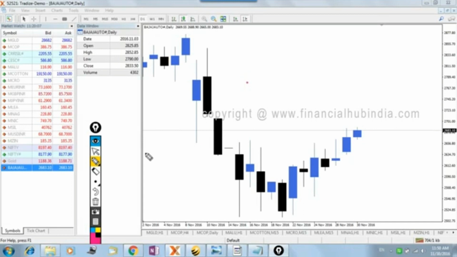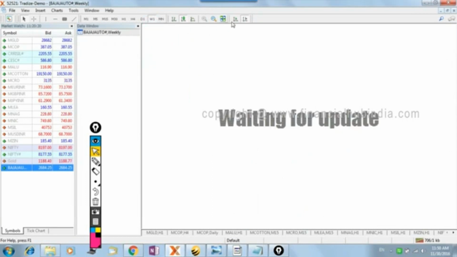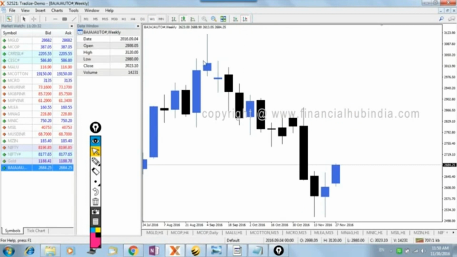Right? Now the way you have seen all these candles being formed on a daily basis, you can also create these candles on a weekly basis. So here you can see the time frames. When we are talking about daily candles, we need to click the daily, where it will count data for the particular day. But if you click weekly, then it will give you data for an entire week.